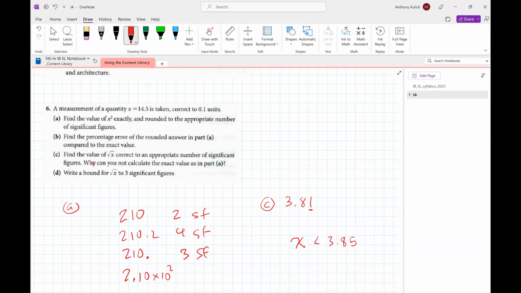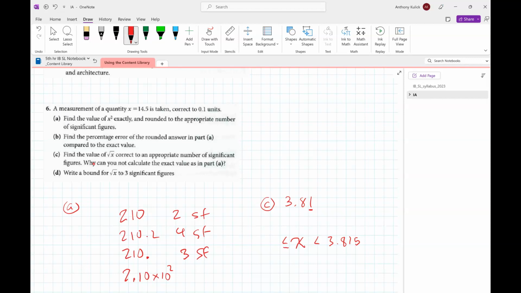And if it was any bigger than 0.5, we would have rounded that up, correct? So I'm going to use the strict less than, so that counts as like 3.8149999, like I want to get it as close as I can.